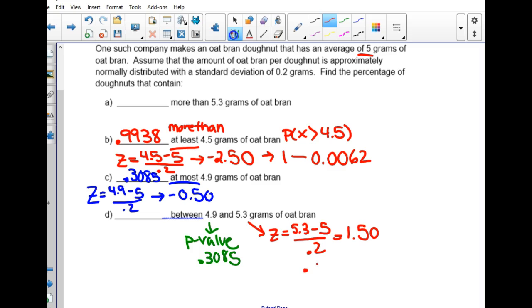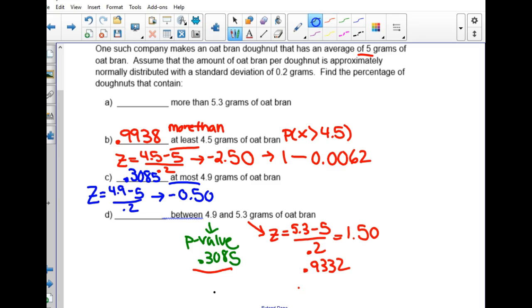So Vincent told us we got 0.9332. We've got our z-scores. We went to our chart. We did that in part C. Now we got 0.9332. And now what do we do with both our p-values? Subtract the big minus the small.